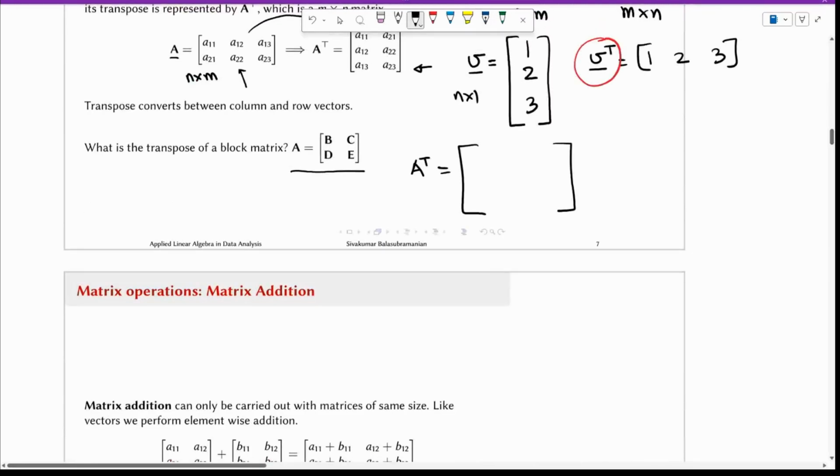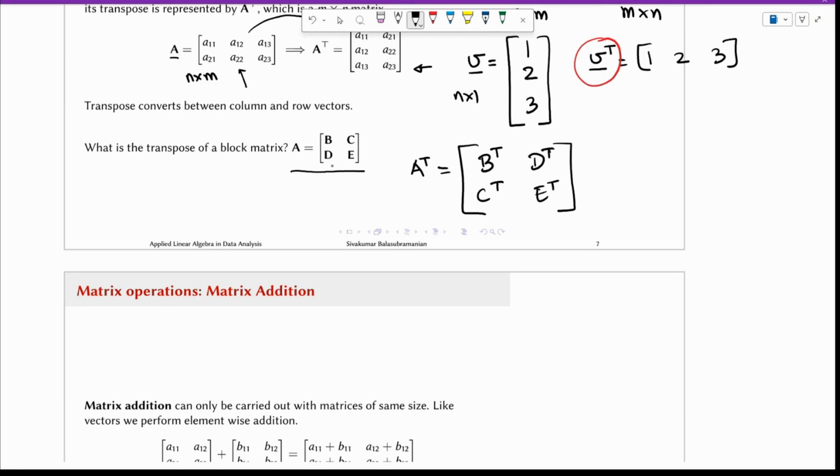Okay, so it will be what? B transpose? Yes. So this is what you do.